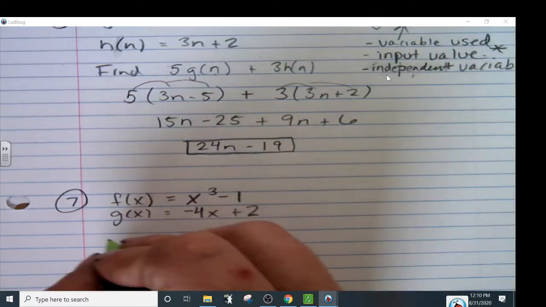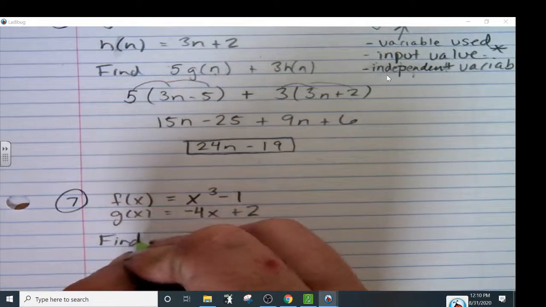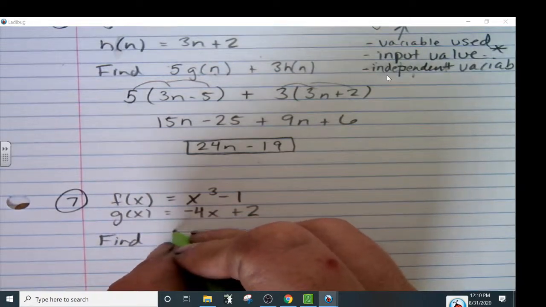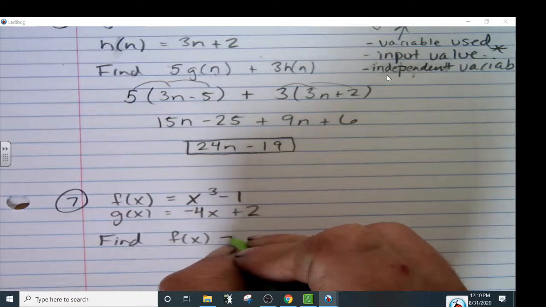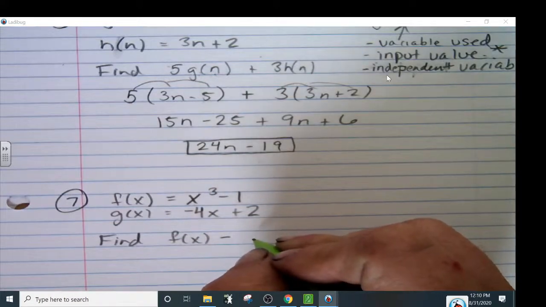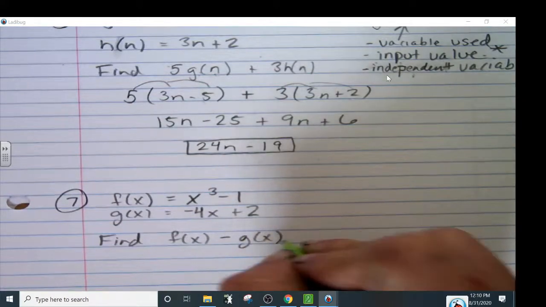And you have to find f of x minus g of x.